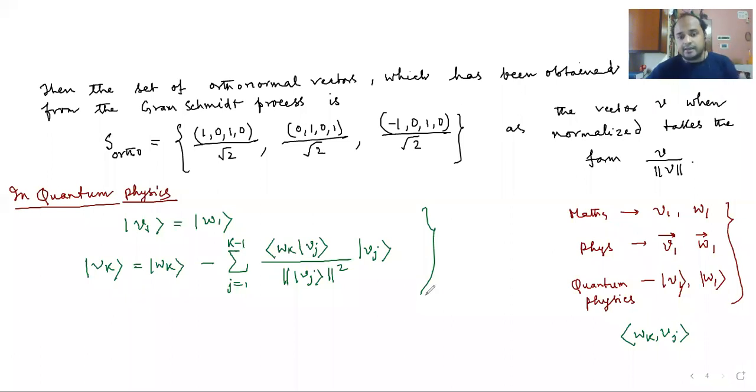So suppose you have a habit of differentiating similar things from one another. You learn something here, and then if it is applicable there and written in another form, you say, oh, it is something different. Sir has never told us the Gram-Schmidt process can be written like this also. So that's why I'm telling you. Maybe in deep learning and neural networks it is written in some other way.